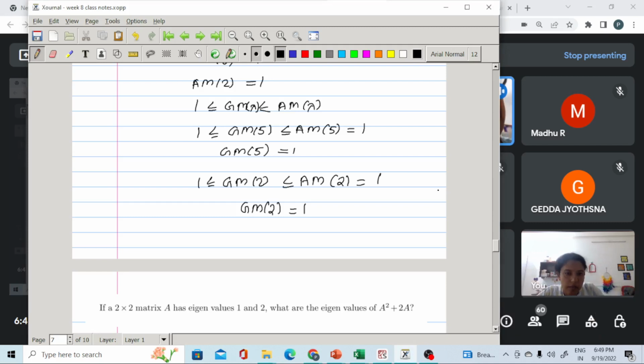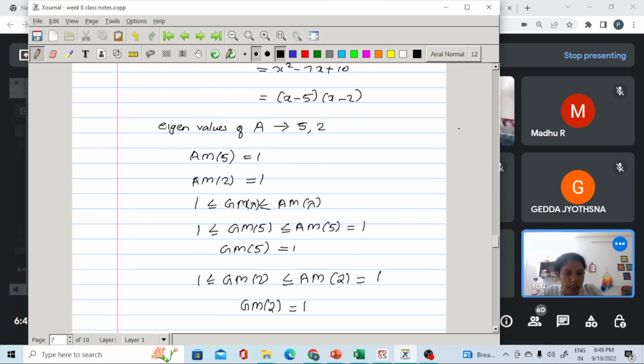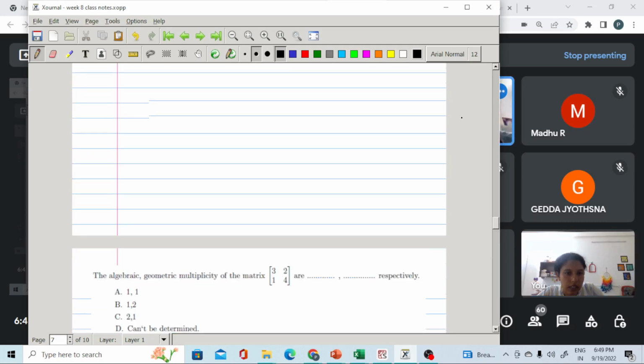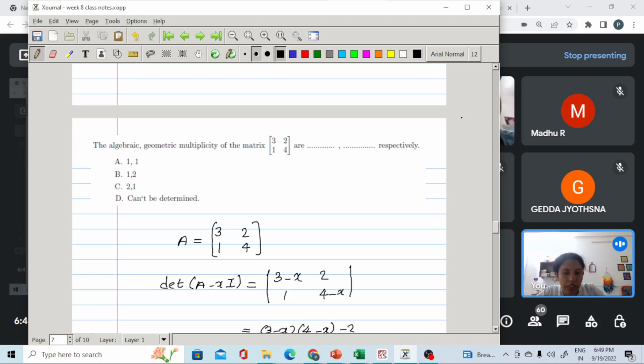But in case algebraic multiplicity is greater than 1, then you have to determine the eigenvector, no? Yes. In that case, if the algebraic multiplicity of some lambda is 2, then geometric multiplicity can be either 1 or 2.